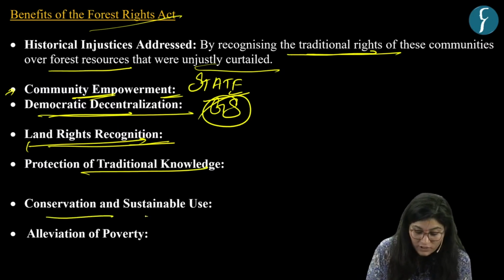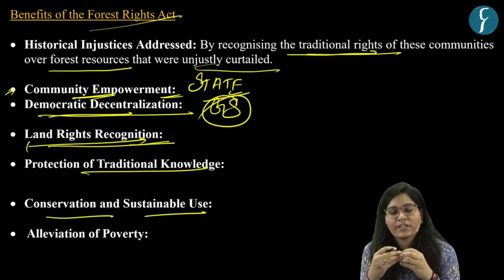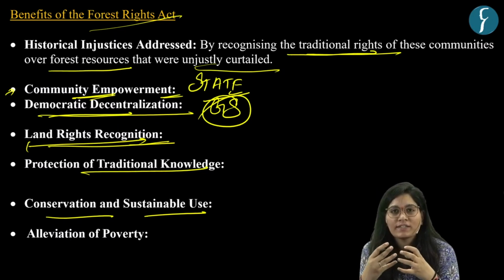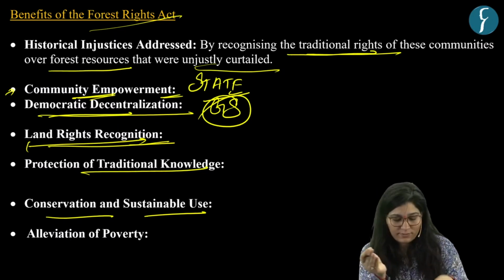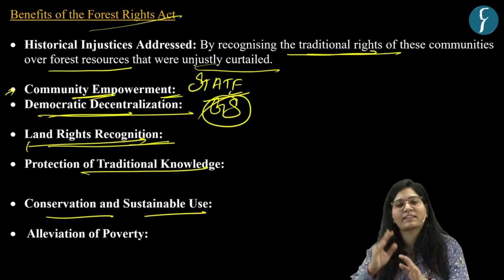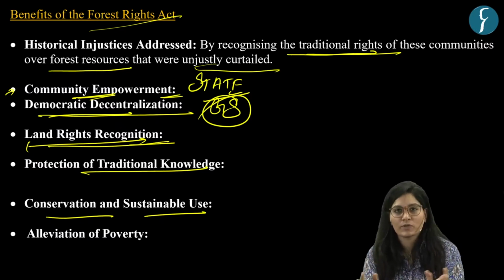Then conservation and sustainable use. See, this right led to the protection of forests, and simultaneously it also ensures livelihood or food security of FDST and of forest dwellers and tribes. So it marks a right balance between conservation and sustainable use of forest produce.